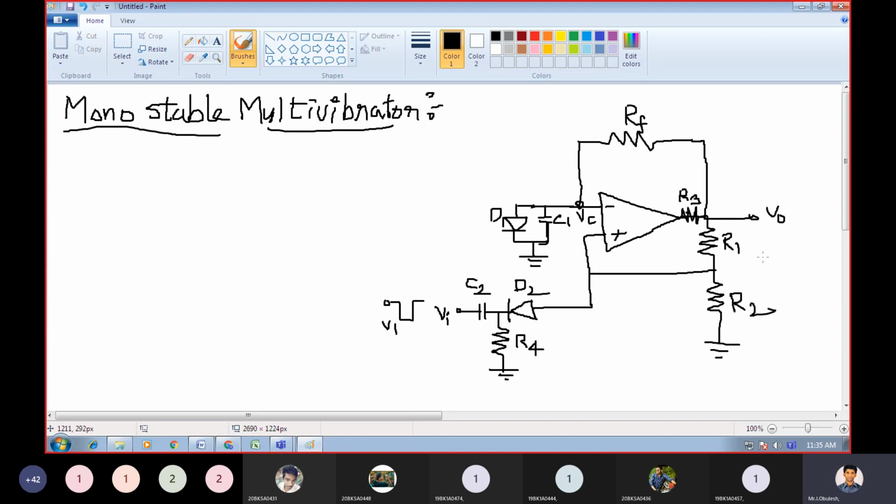A negative going pulse signal of magnitude V1, as we represent here, passes through this differentiator made of R4, C2 and diode D2.